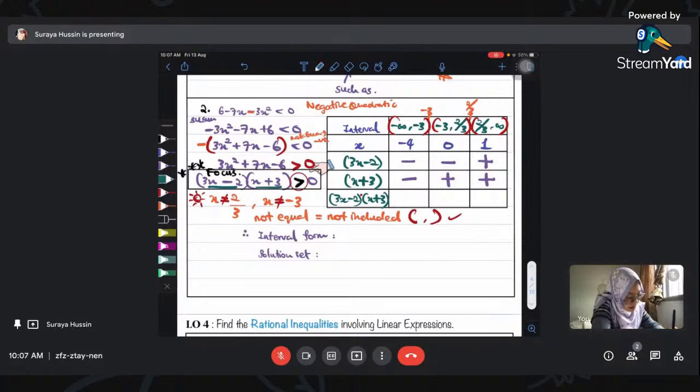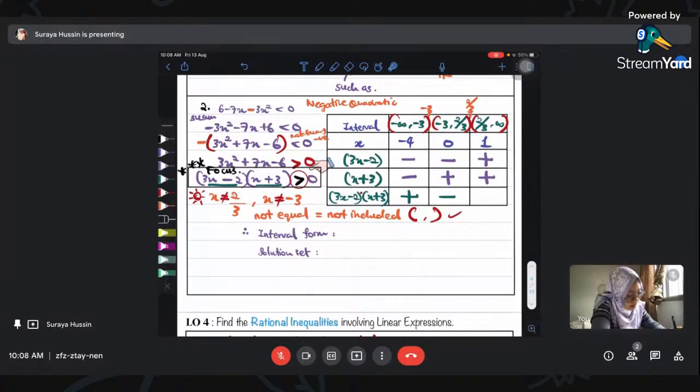And at the end of this, times it together. Times this, negative, negative adalah positive. So write down positive. Negative, positive is negative. So negative. Positive, positive is positive.